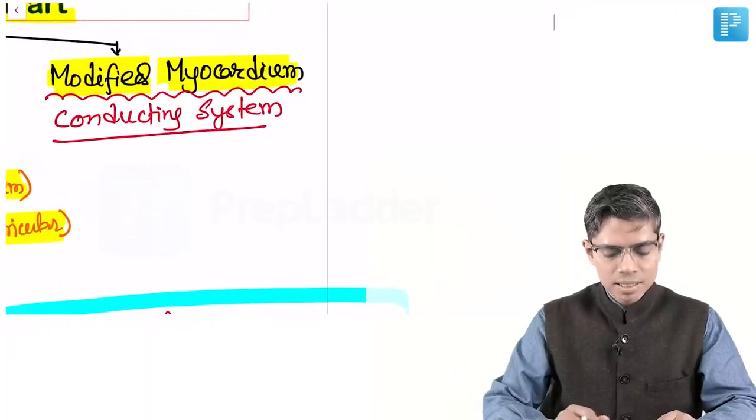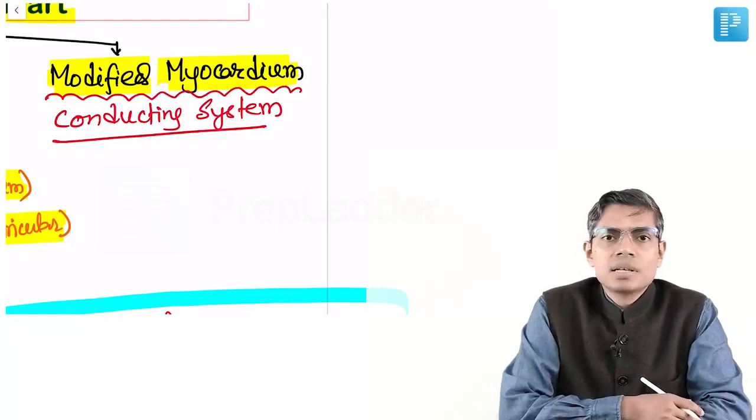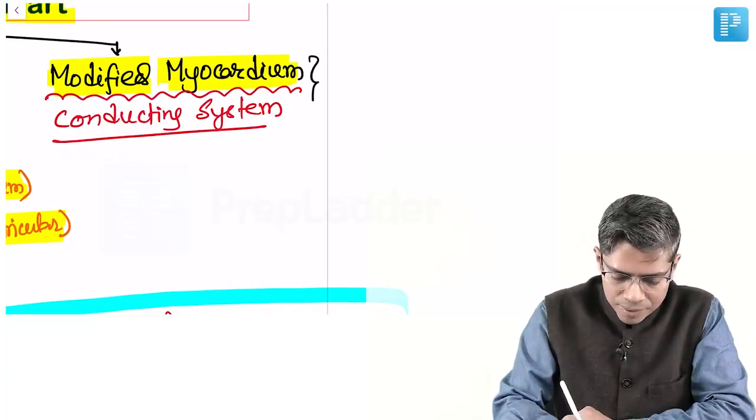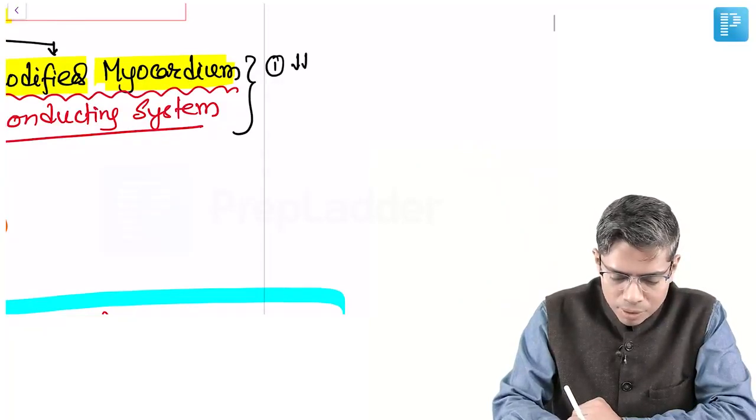Now we are coming here, the modified myocardium, right? So why is it known as modified? What kind of modification is happening in this conducting system of the heart tissues? So number 1 point, there will be presence of very less number of actin and myosin.